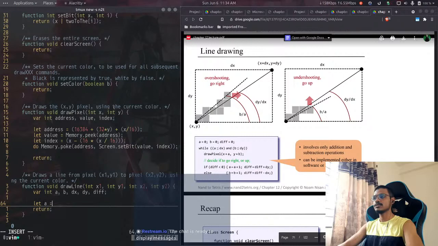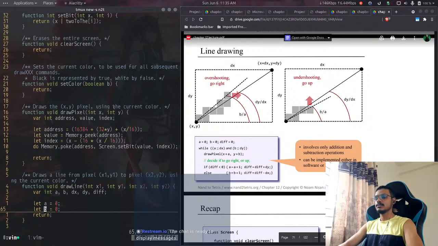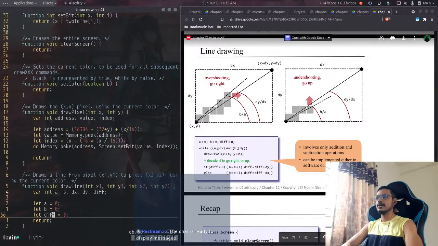So initially a will be 0 and b will be 0 as well. And difference will be 0 as well. And dy and dx. Okay, so we need to calculate dx and dy.